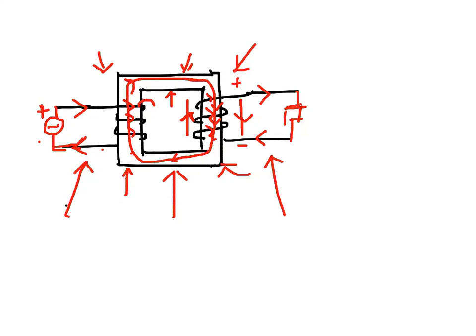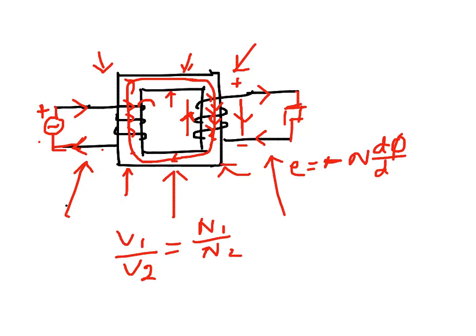There is a relation which is something like this: V1 over V2. The secondary voltage depends on the number of turns, because we know from Faraday's law that the induced EMF is negative N d phi over dt. So this N is the number of turns. So the ratio of the voltages will be N1 over N2, and also the power has to be the same on both sides.